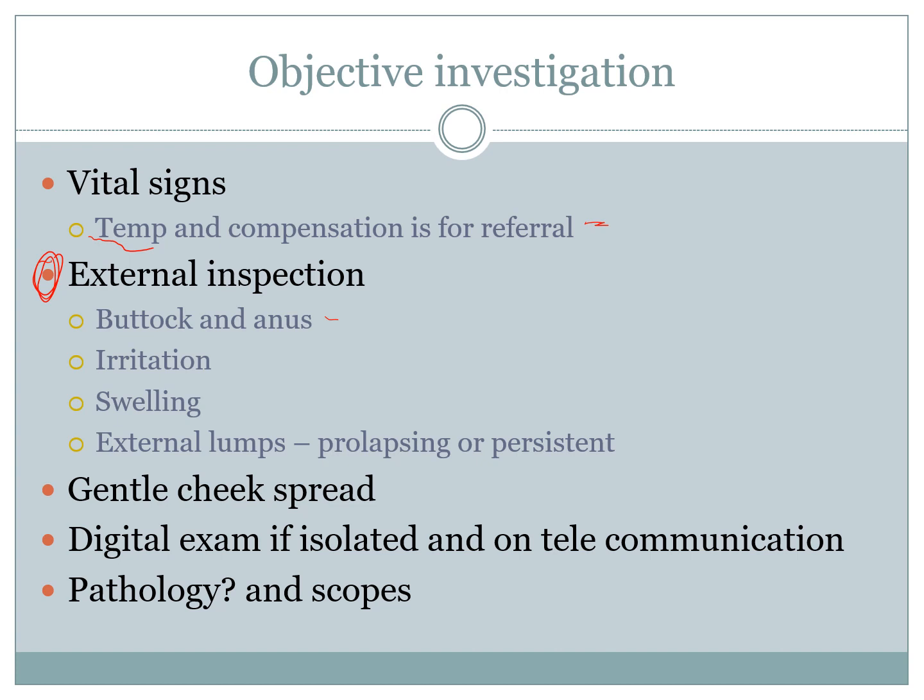Look for irritation around the anus to denote pruritus. Look for any swelling, and then check for any lumps. Get the patient to lie on their side, and then gently spread the cheeks. If you're rough, you can make an anal fistula more painful and make the patient uncomfortable.